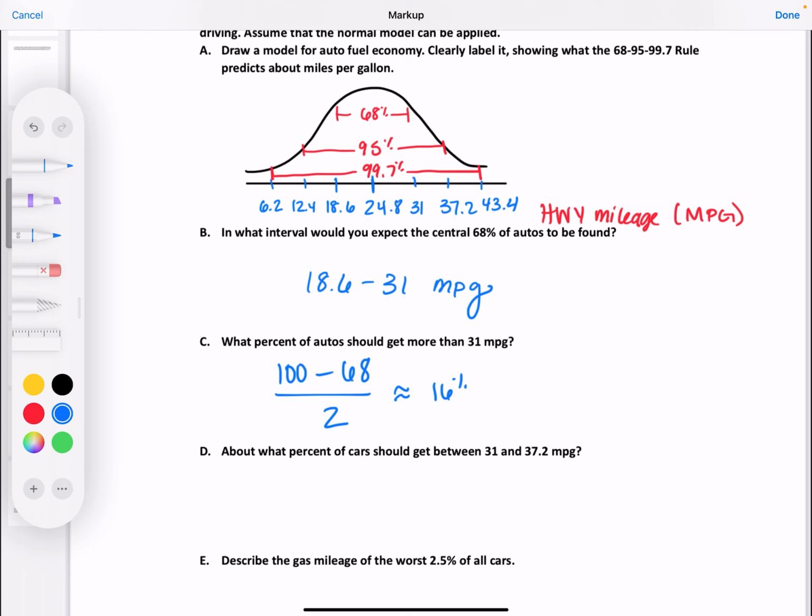Sort of, but that's not going to be the exact percentage, because you have to remember, there's technically stuff that's more than 3 standard deviations away.